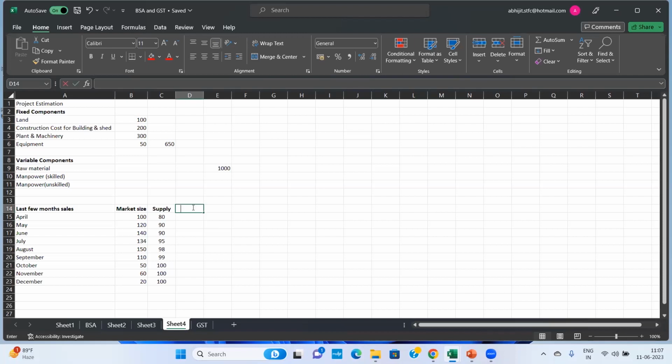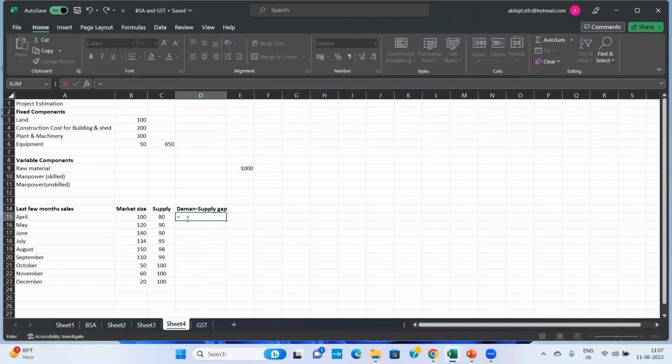Now, what we are going to understand is demand supply gap. How are we going to calculate it? Your market size, that is demand, minus your supply. Can you see there is a negative demand in these months?